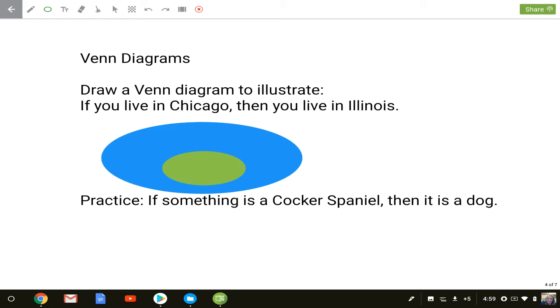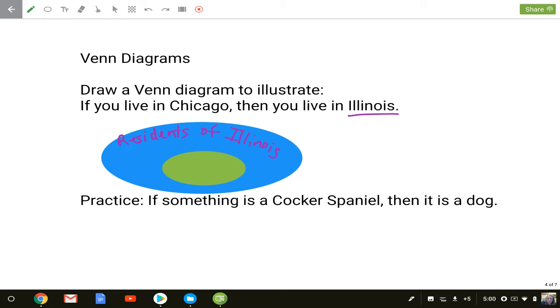In this case, we have: if you live in Chicago, then you live in Illinois. The larger set, the set that would have more things that satisfy the condition, would be Illinois. So I would put residents of Illinois in the larger blue oval, because there are more people that live in Illinois, and they don't necessarily live in Chicago.